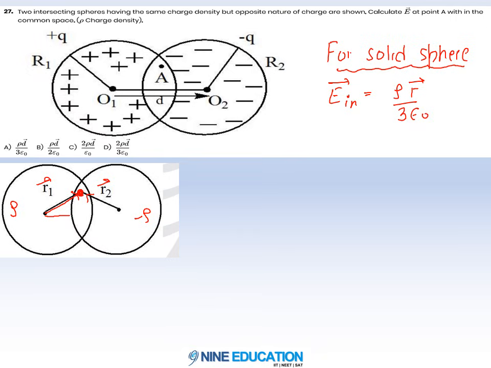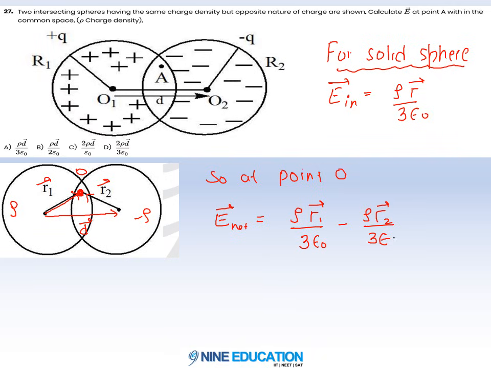And let's say this is the distance. Let's take this as the d vector. So at point O, E net is rho r1 upon 3 epsilon naught minus rho r2 upon 3 epsilon naught. Why am I writing minus here? Because this is negative charge density.